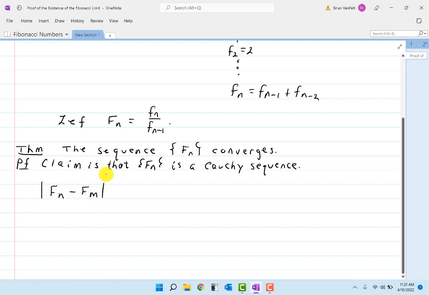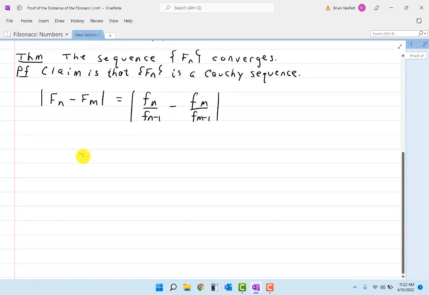Now what I'm going to do is assume that n is bigger than m for these computations. Since they're in an absolute value, it wouldn't matter, to be honest. You wouldn't lose any generality if you assumed n was bigger than m. So let me go ahead and write this stuff down. We have f_n over f_{n-1} minus f_m over f_{m-1}.